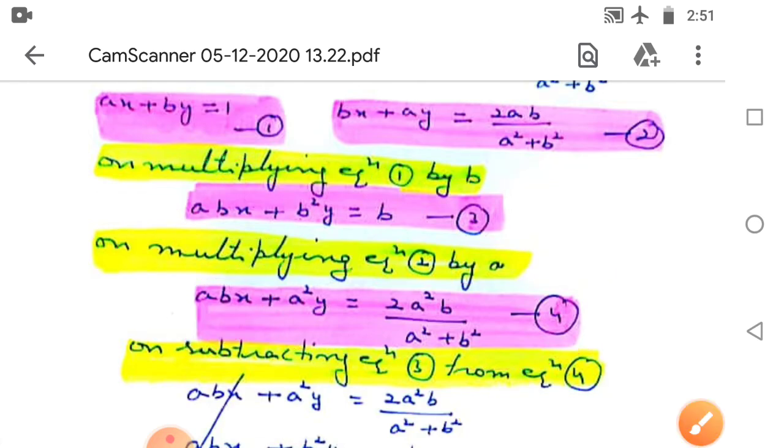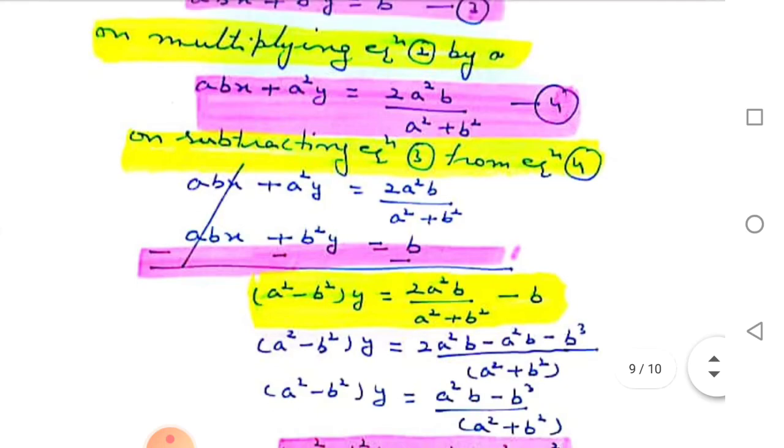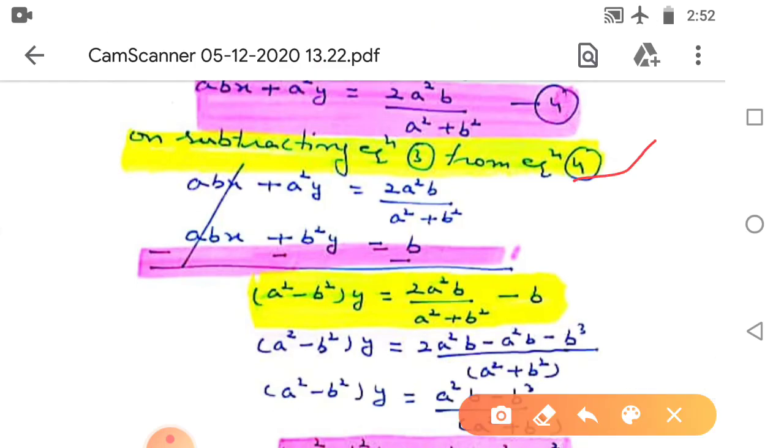Here the coefficient of x is the same, that is ab. Right? So on subtracting equation 3 from equation 4, we have abx + a²y = 2a²b upon (a² + b²). Now since we are subtracting, we need to change the signs.